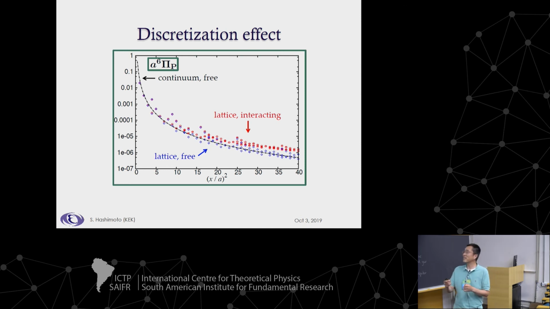So you can see how significant the discretization effect is. The points are just jumping around. But if you carefully look, you can see that there is a general trend that the lattice data are roughly following the structure of the free correlator. So the discretization effect is essentially given already by the free correlator.